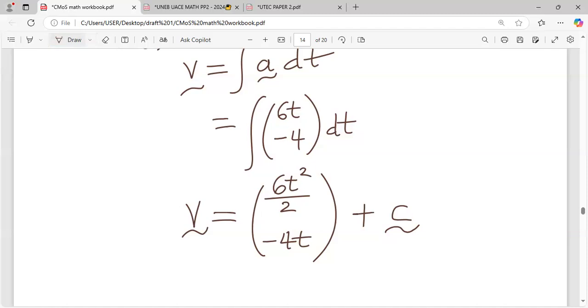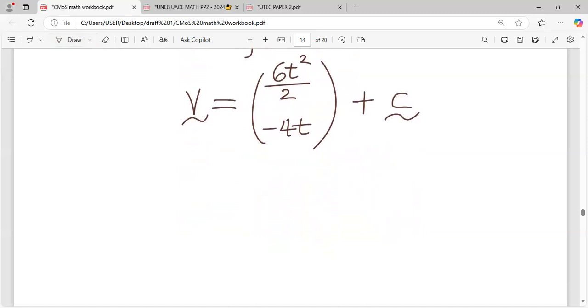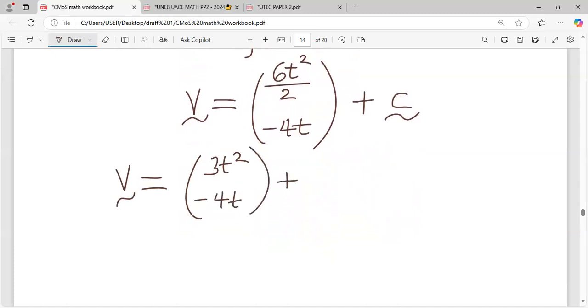So always remember that even the constant of integration in that case is a vector. So you come and summarize and say now this is 3t squared, this is minus 4t, plus the c, which is also a vector.